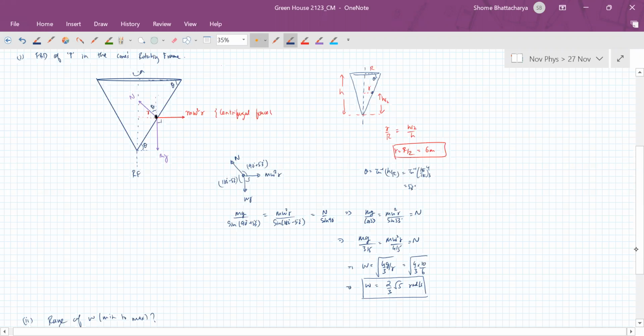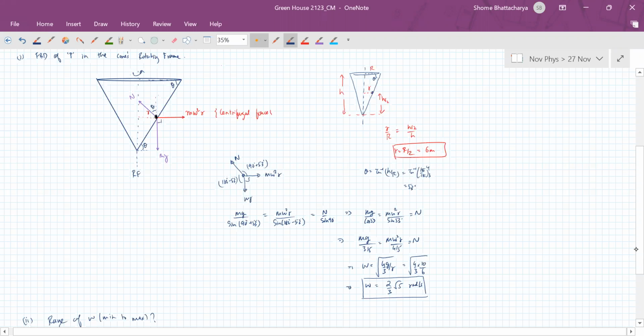Okay, so from there, if we increase the value of omega, what will happen? There's a tendency to slip up the inclined plane because the centrifugal force is increasing compared to the above diagram. So that can be prevented by friction acting down the inclined plane. So the more we increase omega, the more the tendency to slip up.